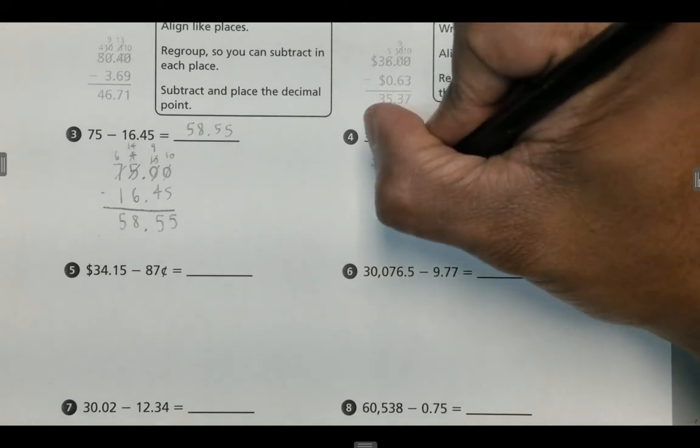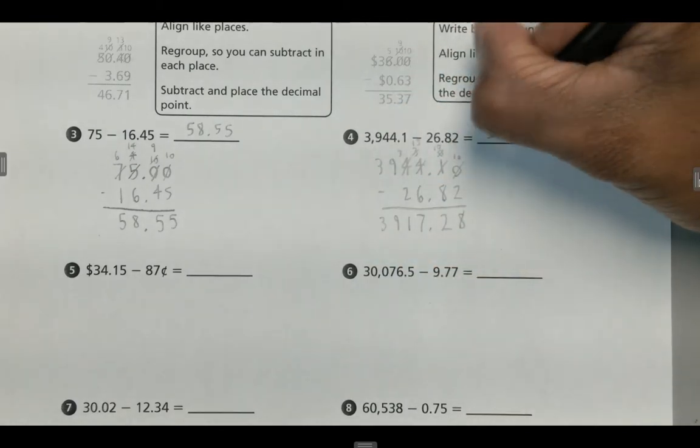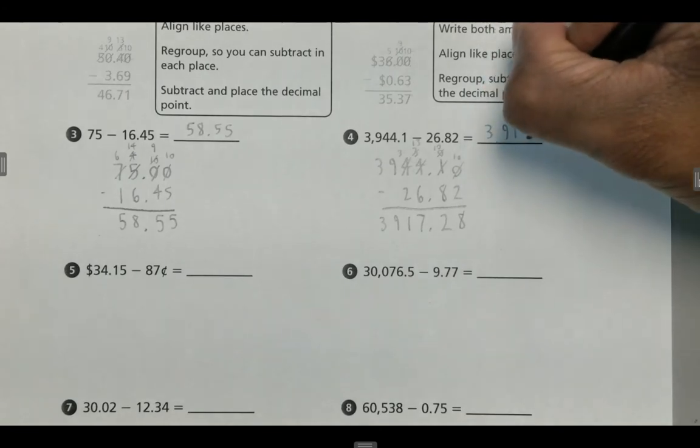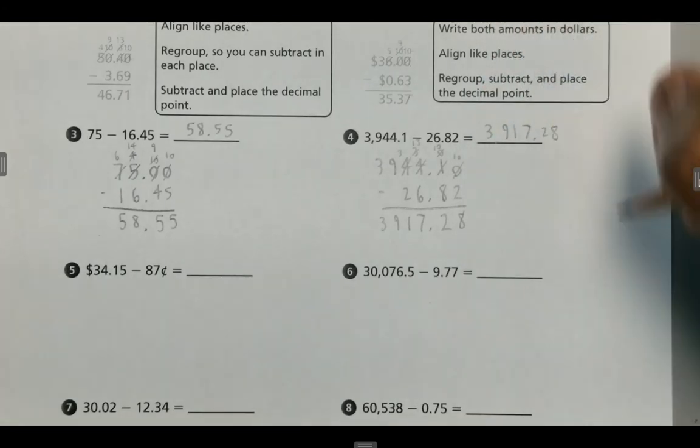The 9 comes down, the 3 comes down. 3,917 and 28 hundredths.